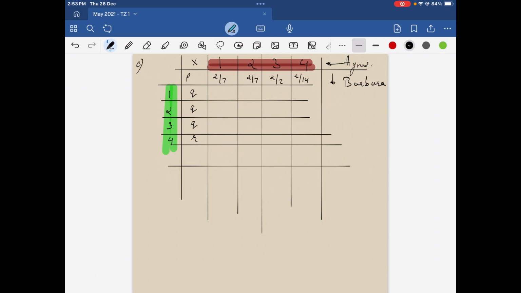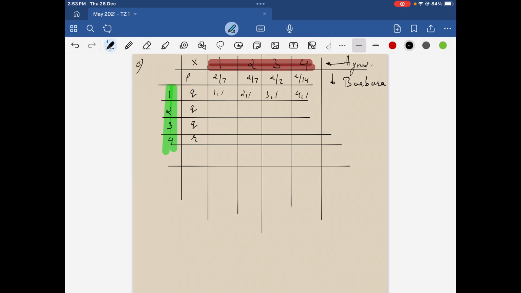Now let us try to understand what the different outcomes are when both of them, Agnes and Barbara, are rolling their respective die, and we are checking the scores. Now see, if Agnes is 1, Barbara is also 1. So 1, 1. Agnes is getting 2, Barbara is again getting 1. Agnes is getting 3, Barbara 1, Agnes is getting 4, Barbara 1.